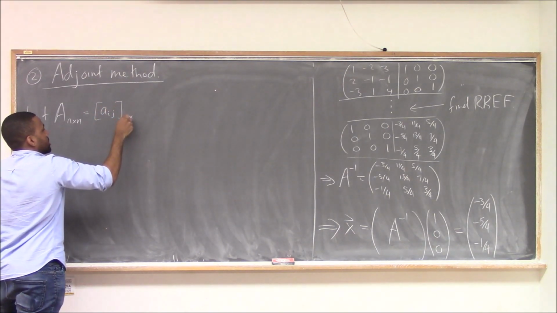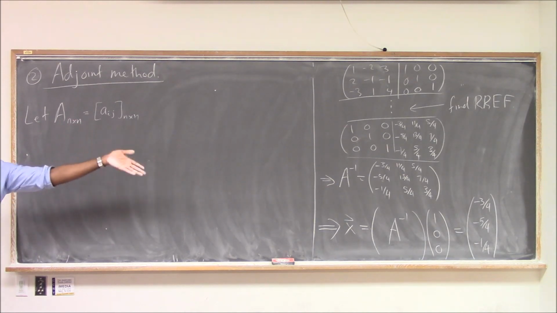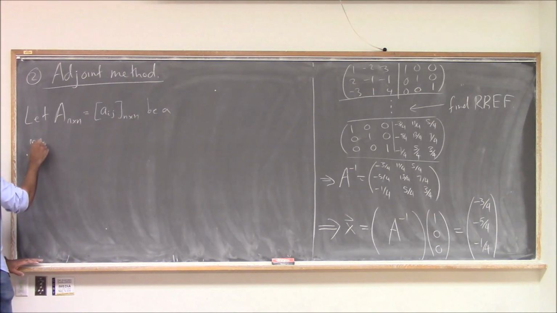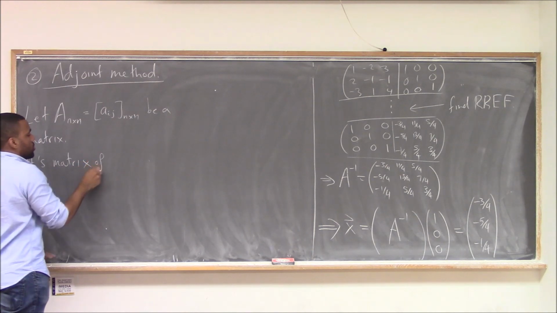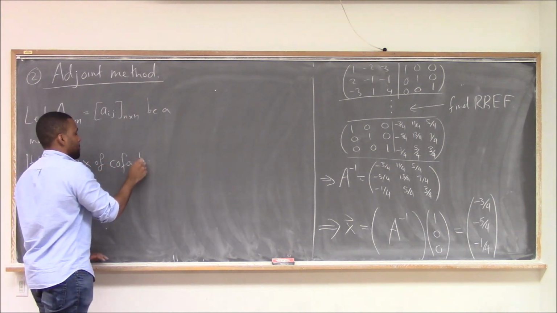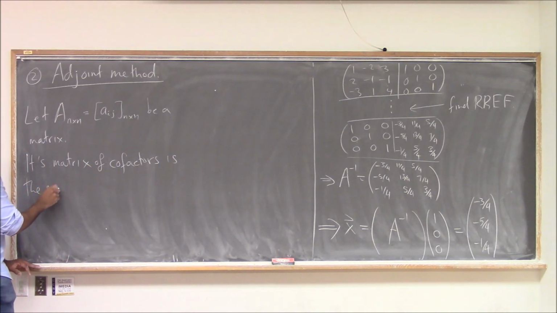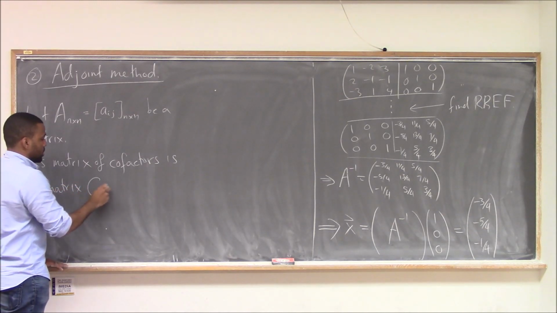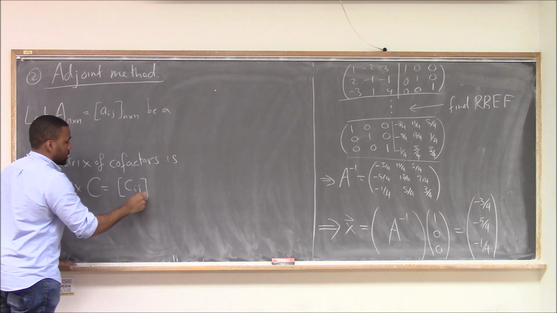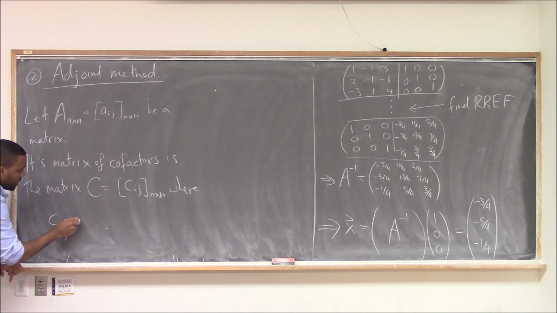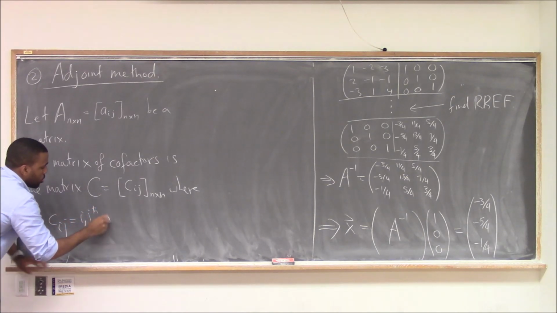So that's just A11, A12, column 2, and so on. The matrix of cofactors is the matrix C equals Cij, n by n, where Cij is the ijth cofactor.